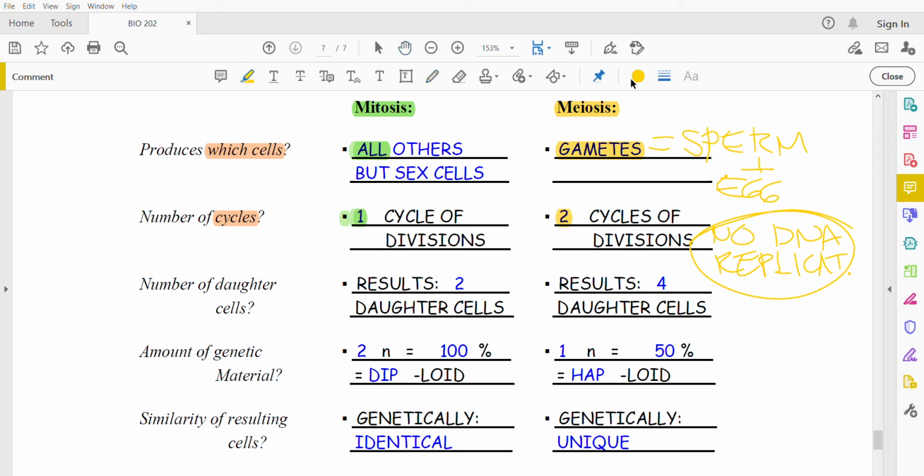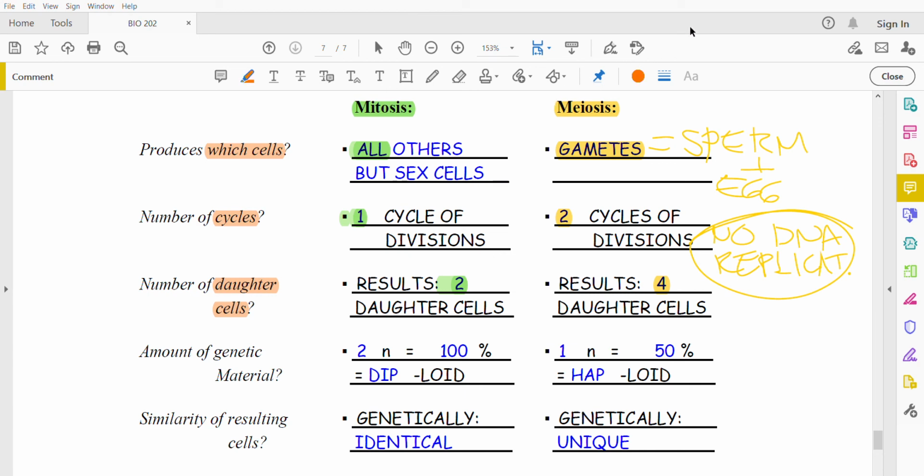Now we're ready to look at the number of cells that result. So the daughter cells, how many daughter cells are we ending up with in each? Well, of course, in mitosis, there's going to be 2 cells because it's one cycle of cell division. Whereas in our meiosis, because there's 2 cycles, we end up with 4 cells in total.